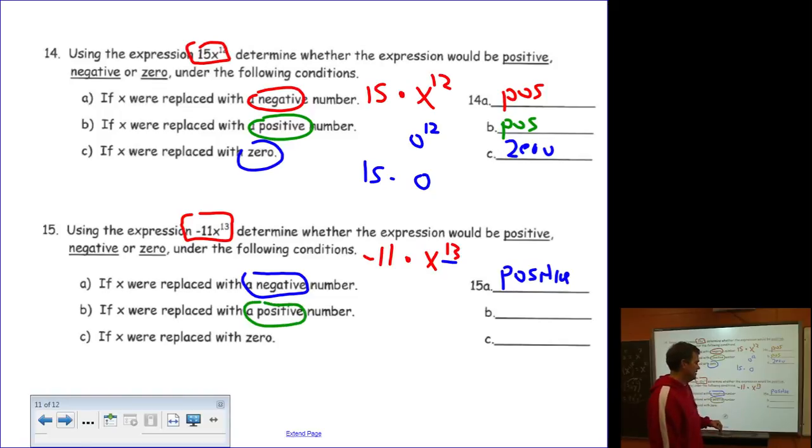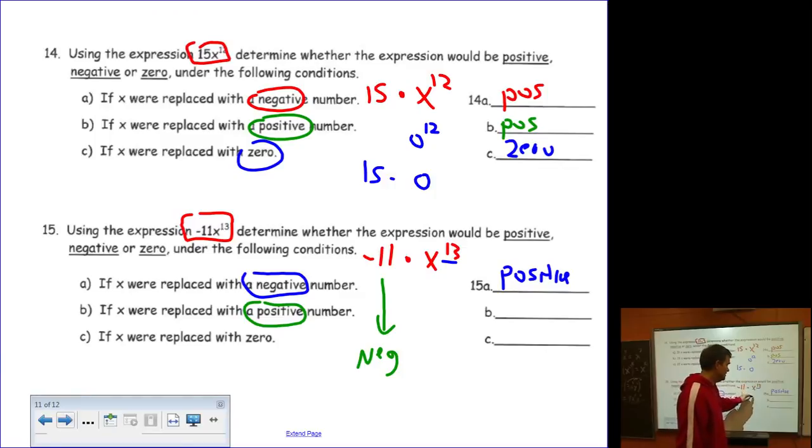A positive number. Well, negative 11 is going to be negative, no matter what. I'm just looking at the sign of the two things I multiply together. The sign of this is always going to be negative. But when I put a positive number in for x, like say 2 to the 13th power, positive numbers always stay positive.